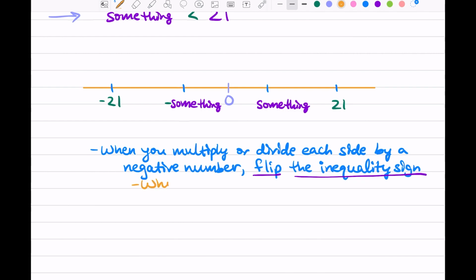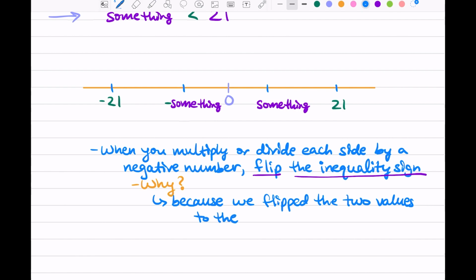And why is that? Because we flipped the two values that we're comparing to the other side of 0 on the number line.